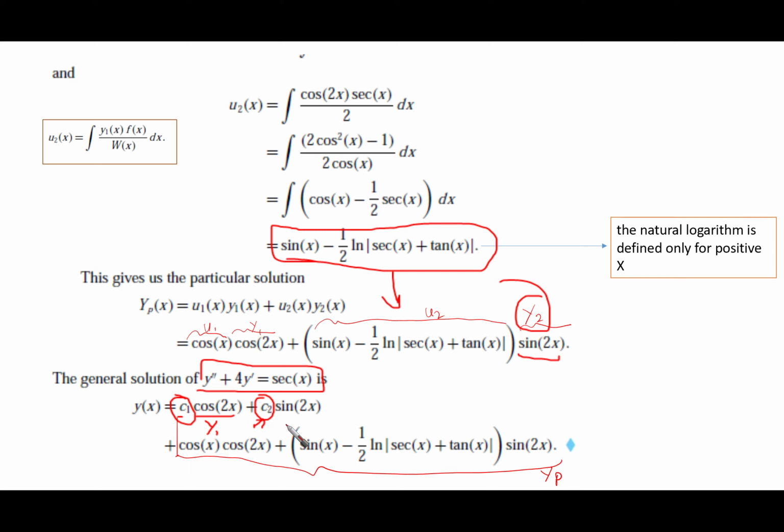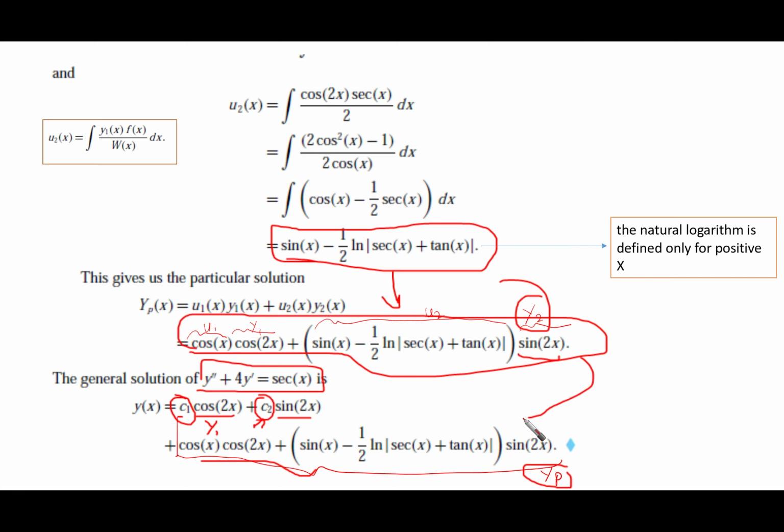So we put here c2, and then this is y2, and then all of this, as you can see, is yp, the particular solution, added here. So this is considered to be the general solution of the non-homogeneous equation.